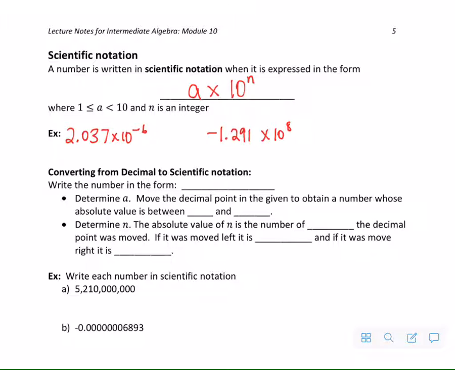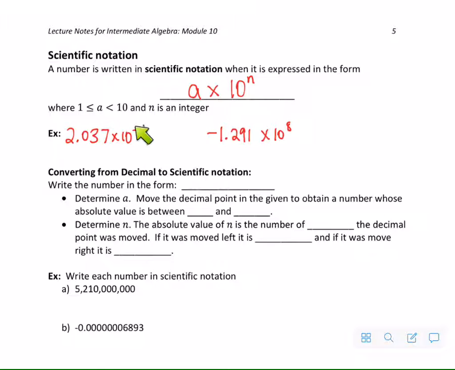Notice that the A in this case is always going to be some number that's bigger than 1. So it's never 0 point something. It's always 1 point something or bigger, but it's never bigger than 9.9999. There's always 1 digit to the left of the decimal place, and never more or less than that. And then it's times 10 to a power.